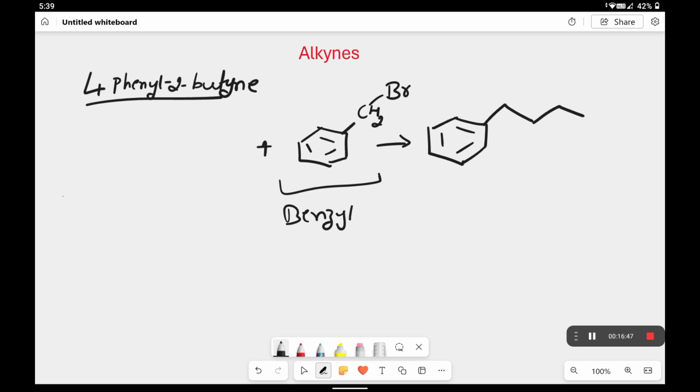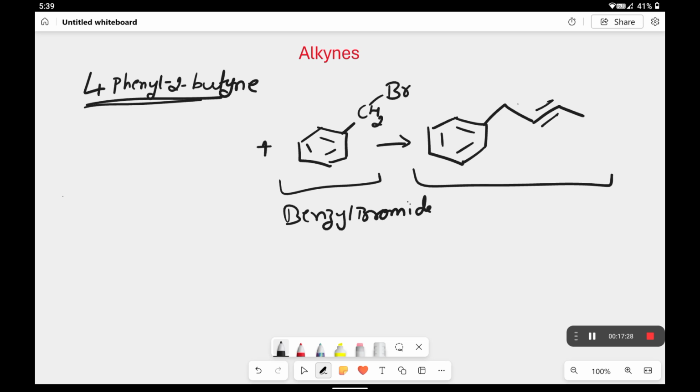They have given the benzyl bromide, and what we have to synthesize is 4-phenyl-2-butene. So this is called 4-phenyl-2-butene. How will you synthesize this one using the benzyl bromide?